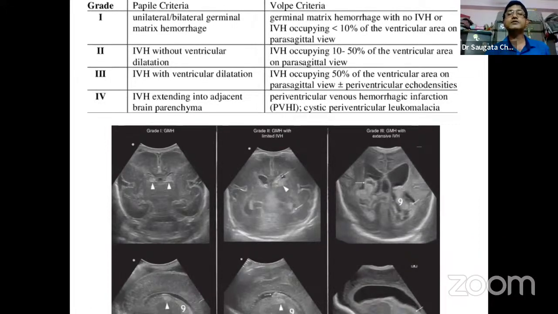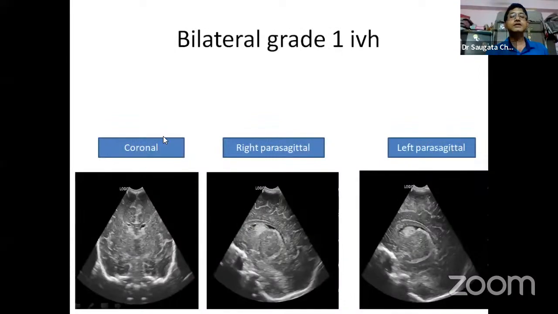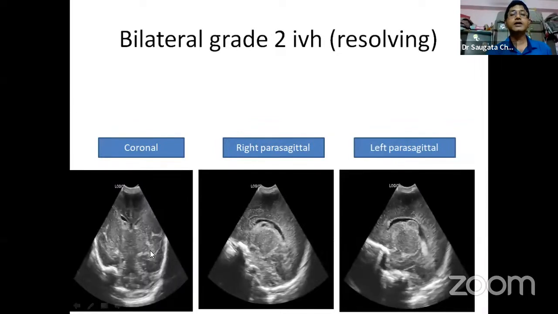This is a special view. It is periventricular venous hemorrhagic infarction. So this is the bilateral grade 1 hemorrhage. You can see coronal, right parasagittal, left parasagittal view. Mostly you can see the caudothalamic groove hemorrhage. This is grade 1, grade 2.